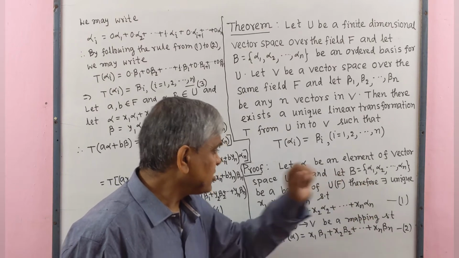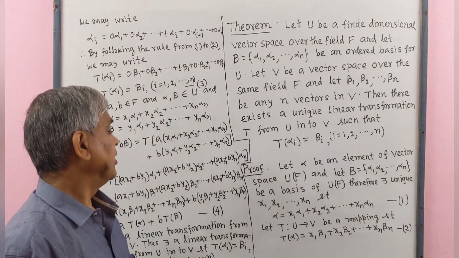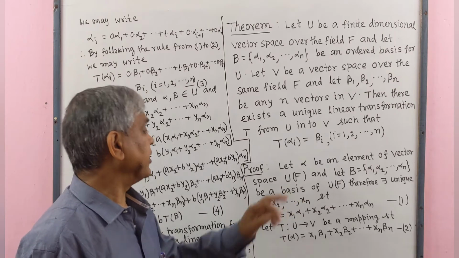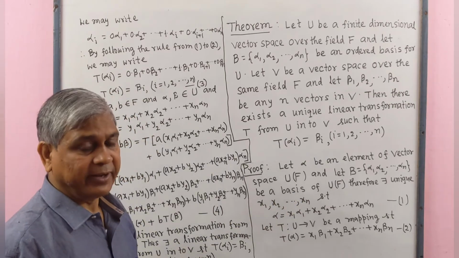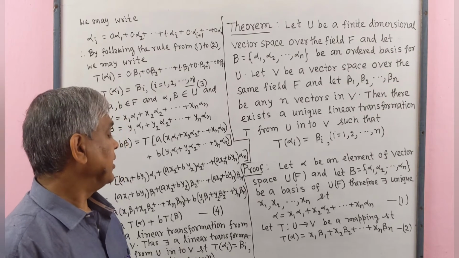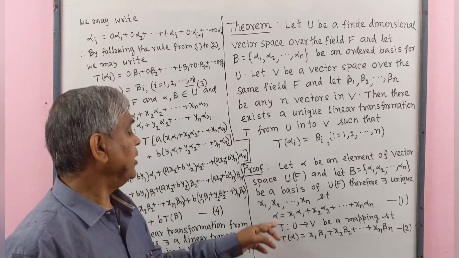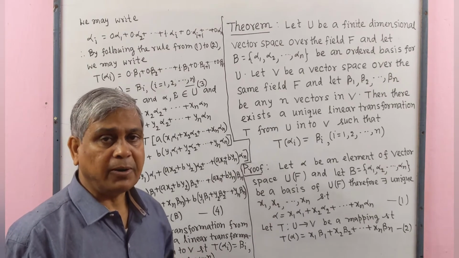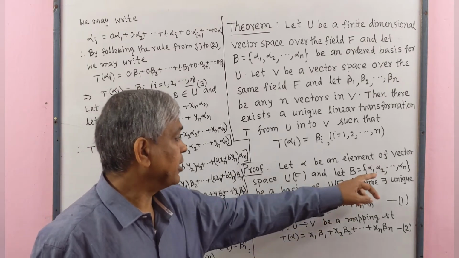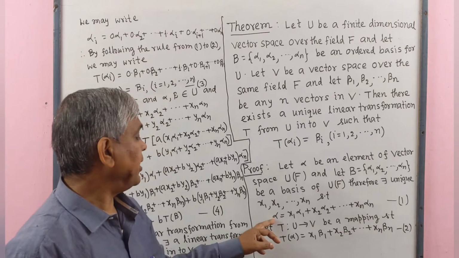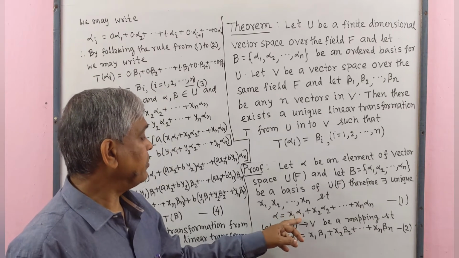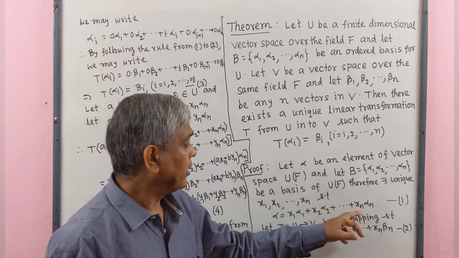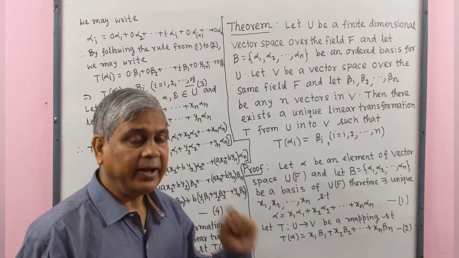Therefore, there exist unique x1, x2, ..., xn elements of the field such that alpha can be represented as linear combination of elements of the basis. That is, alpha equal to x1 alpha 1 plus x2 alpha 2 plus ... plus xn alpha n.